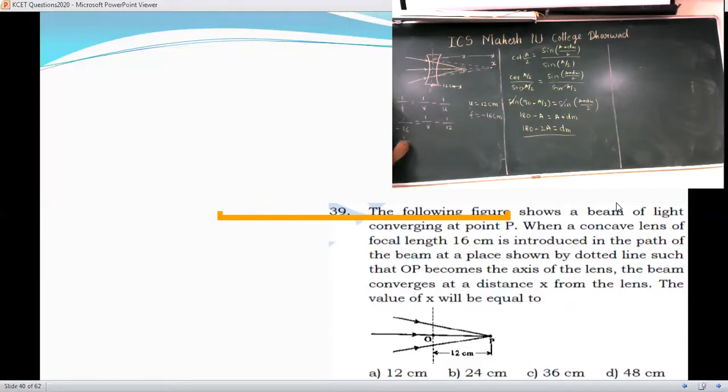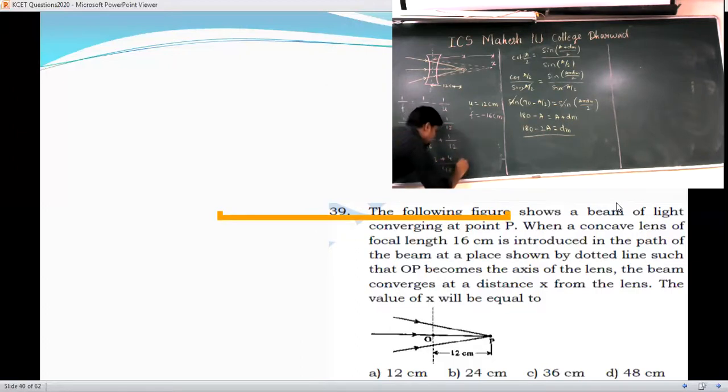So 1 by v is equal to minus 1 by minus 16, plus 1 by 12. If you take the LCM, it will be 48. Here it is minus 3 and this is plus 4, since 16 threes are 48 and 12 fours are 48.